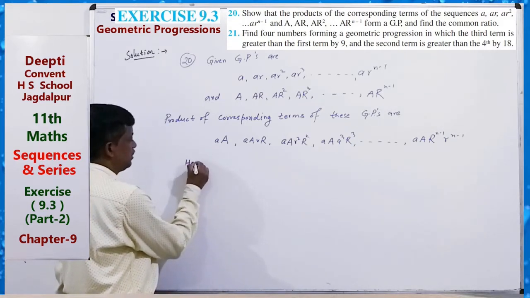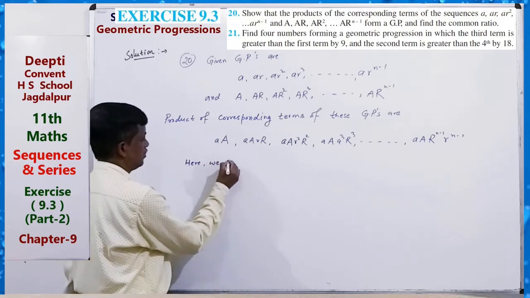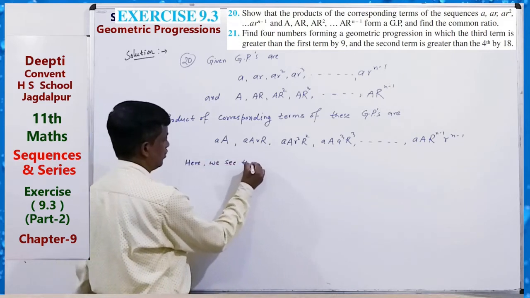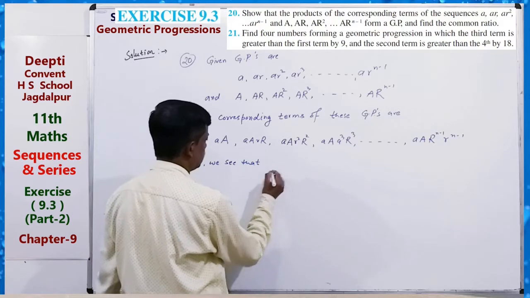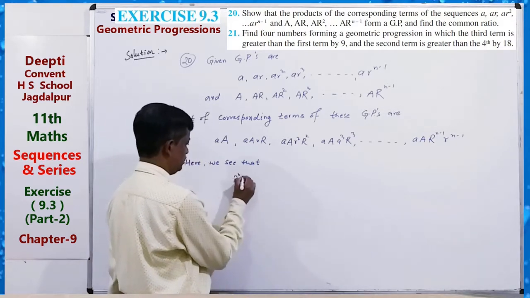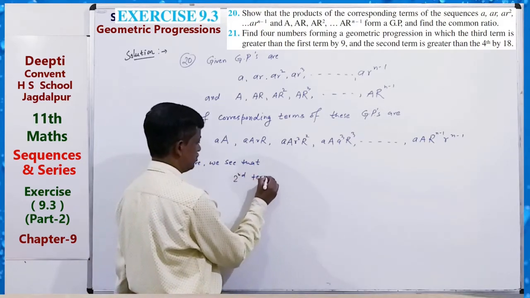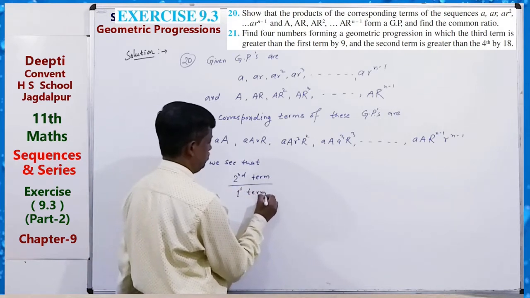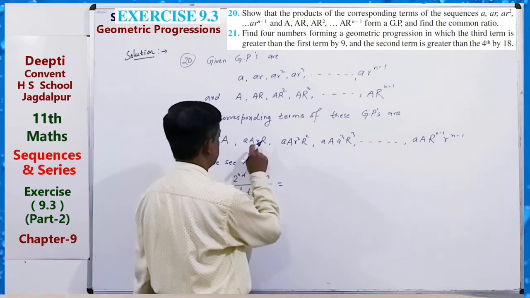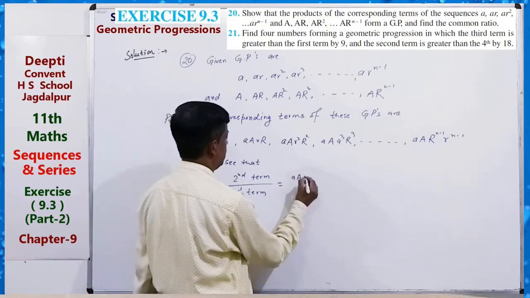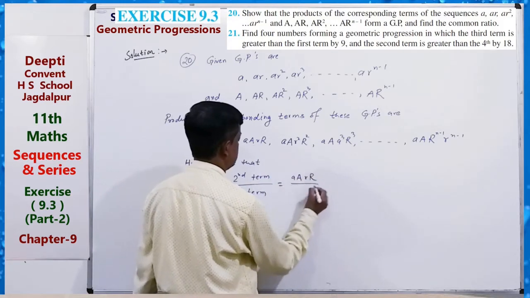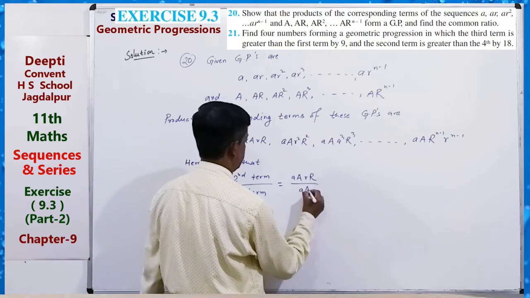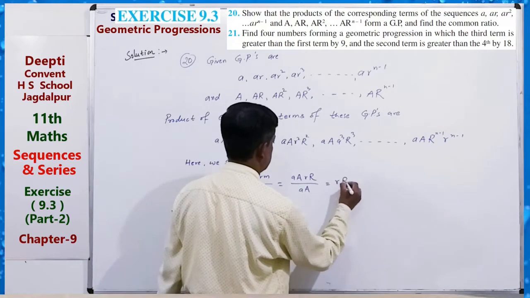Here we see that the second term upon the first term, a r r upon a, equals r r.